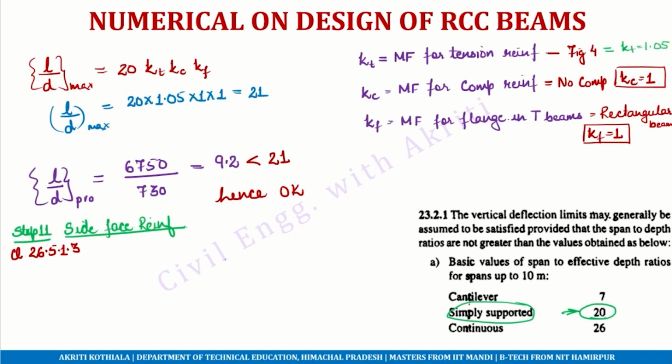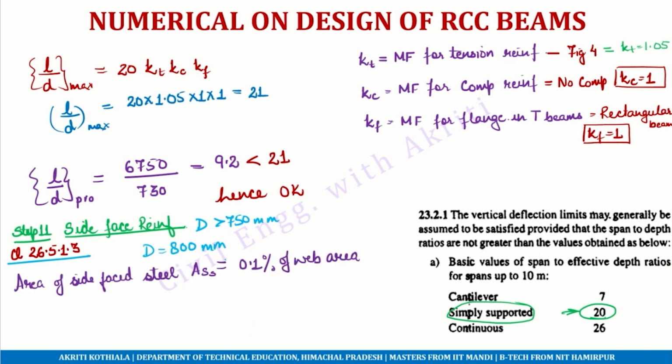The next step is to provide the side face reinforcement because the overall depth of the beam is greater than 750 mm, as our depth is equal to 800 mm. So we will have to provide side face reinforcement pertaining to clause 26.5.1.3.